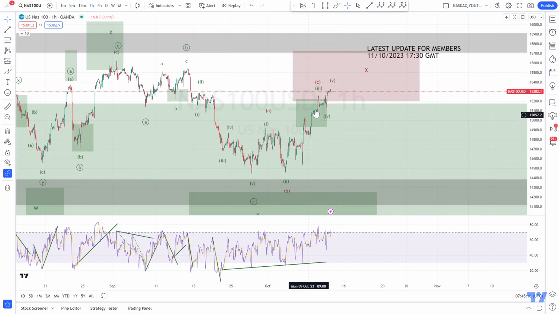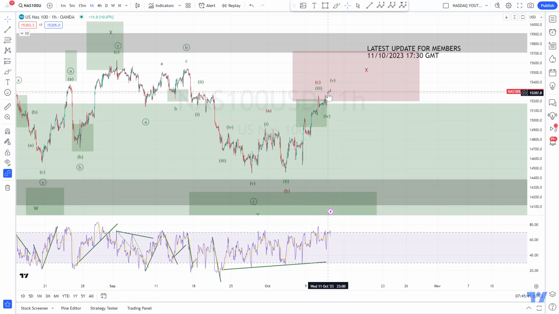If this was a corrective structure, then it would just mean that we could continue our journey downwards here, and that we would take out this low. But this starts to look like an impulsive structure, or at least we start to have 5 waves. Let's see what we get next here.